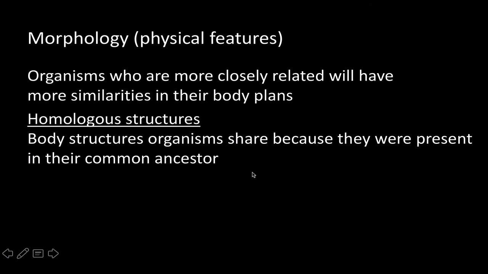These are parts of the body that are similar in two related species because their common ancestor had that body structure. So when they branched off, the two new species also had that body structure because their ancestor had it. So we can look at homologous structures to help us identify ancestry and relatedness.